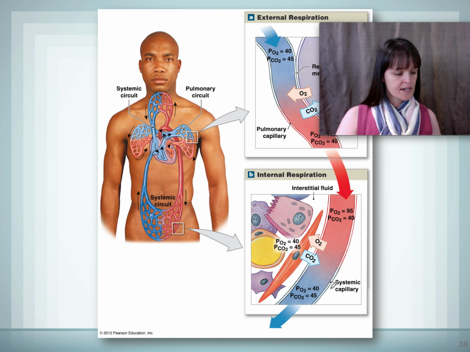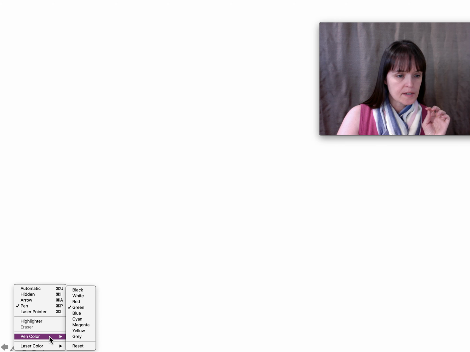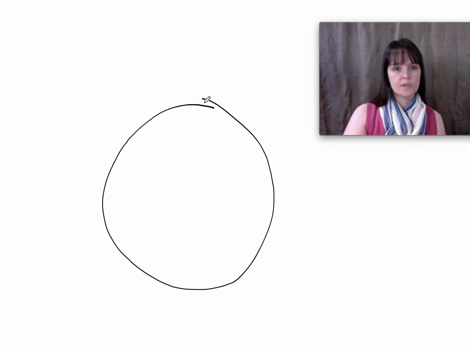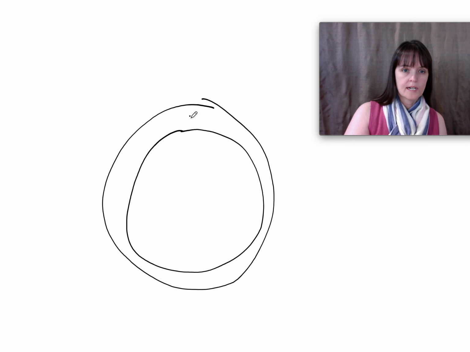And then diagram the internal and external respiration shown in this picture. Let me get the black. I'm going to draw us a ring of blood vessels. That's the blood vessels, and then right here is the heart.